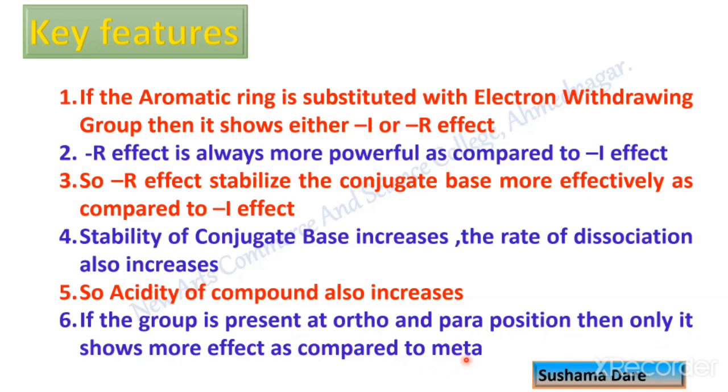So always remember students, no doubt you may have an electron donating group or electron withdrawing group. If they are situated at ortho and para position, then only it affects the acidity of the compound. If it is present at meta position, then its effect is less, but the major role is when that group is present at ortho and para position.